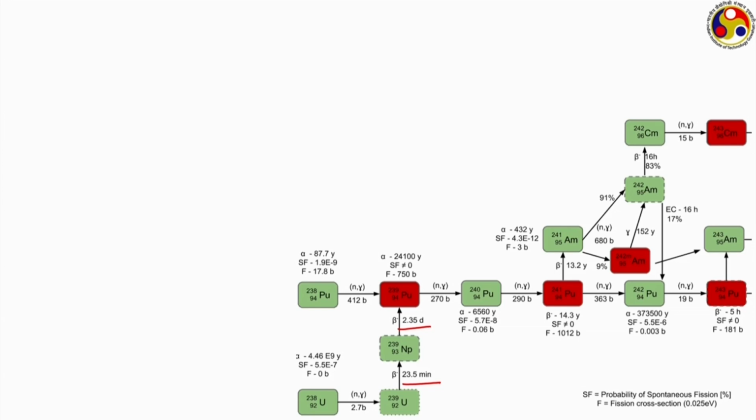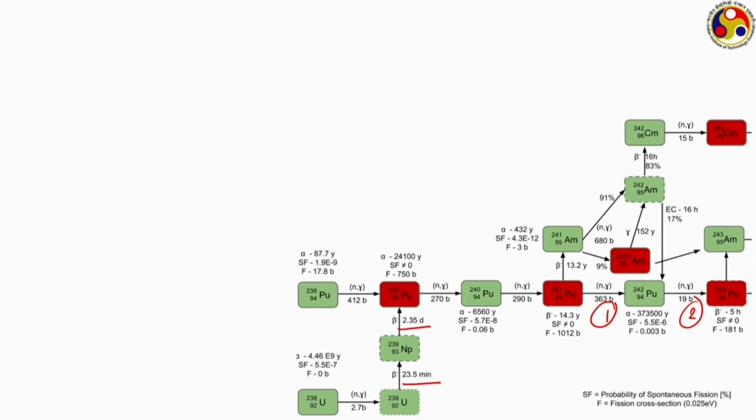It can go through a beta decay to form Am 241. It can also go through an (n,gamma) kind of reaction to form plutonium 242, and then this plutonium 242 can participate in another step of neutron absorption, leading to the formation of plutonium 243, which is again fissile.